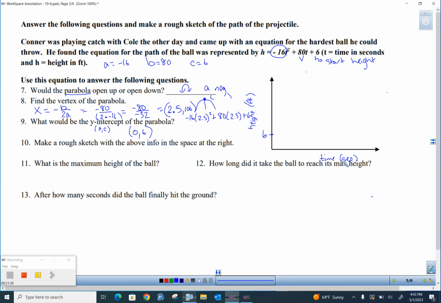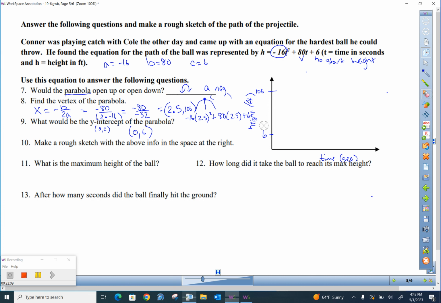So we know after 2.5 seconds, it's gone up to a height of 106. Okay, so we're going to put that on there. It's important. And then scale-wise, I put this on a little bit early, scale-wise, this 6 should be quite a bit lower.